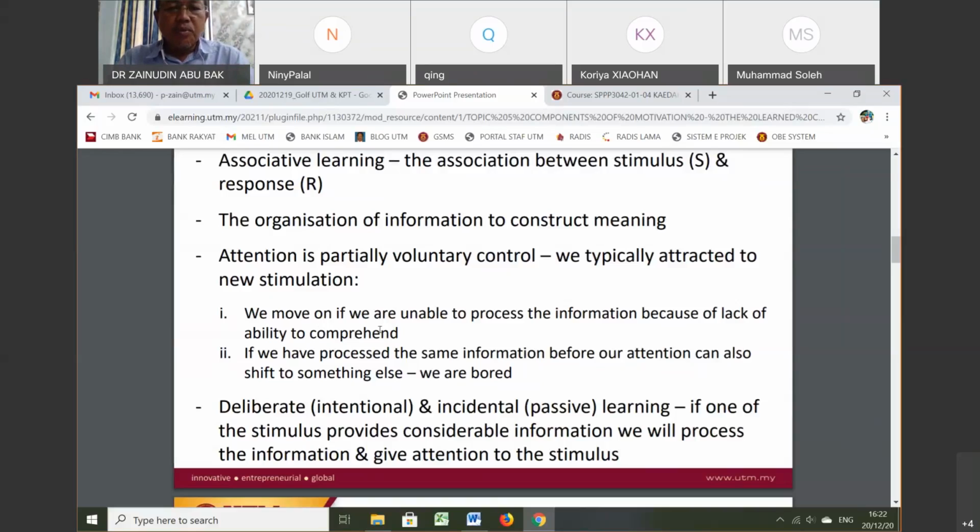Okay, we move on. If we are unable to process information because of lack of ability to comprehend, or if we have processed the same information before, our attention can also shift to something else. We are bored. So this is why we should consider new types of stimulation, new types of environment.